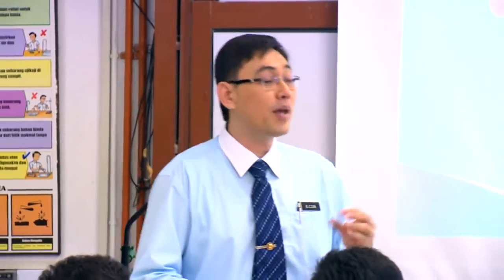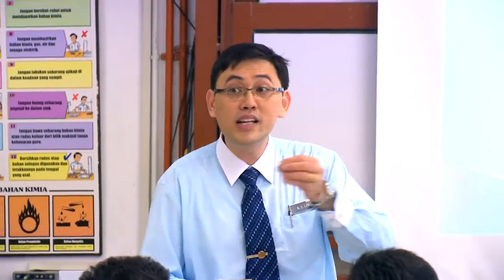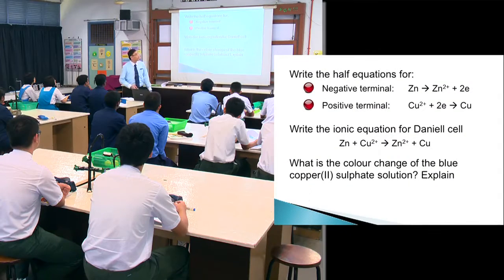Number two, it is to separate two different solutions. That is why we need the porous pot, or maybe the salt bridge. Because we are using two different solutions, we need to connect them together so that there will be movement of ions.